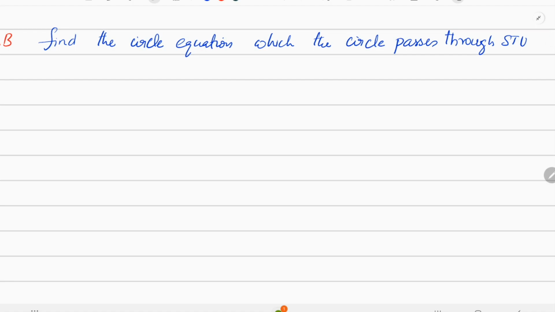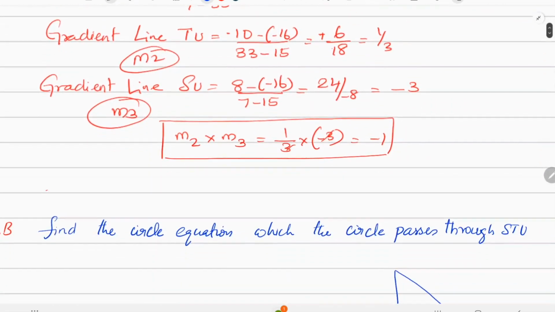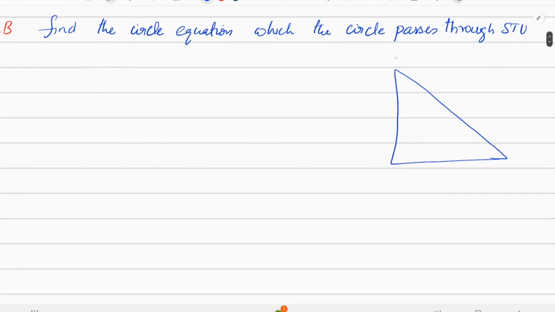Now the task B. Find the circle equation for the circle which passes through S, T, U. Already we have found that STU is a right angle triangle.